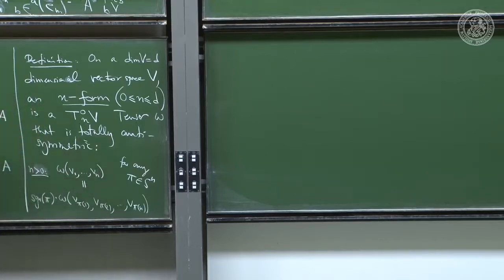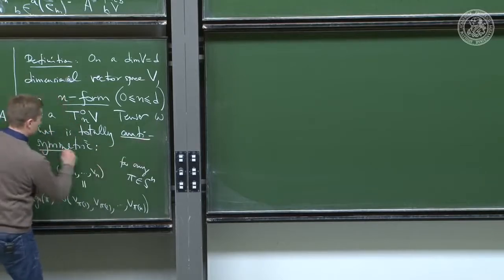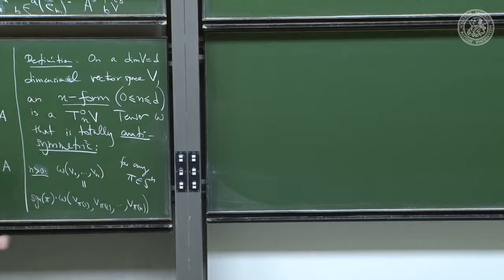If you exchange another two or the same two again, you pick up yet another minus sign, so you don't pick up a sign. So a totally antisymmetric 0-n tensor is called an n-form. And this antisymmetry is wildly important. And the case n equals 0, omega is then just a number.